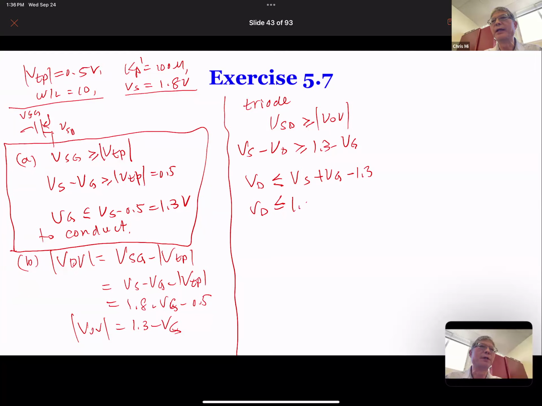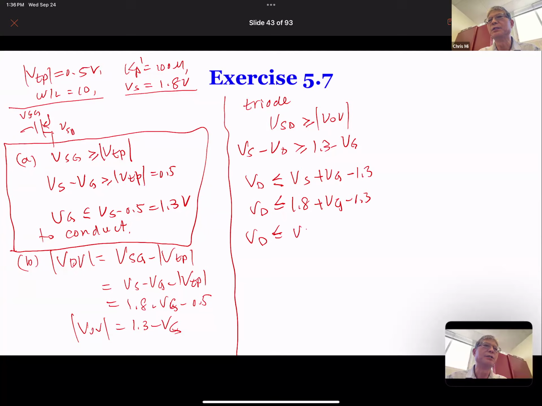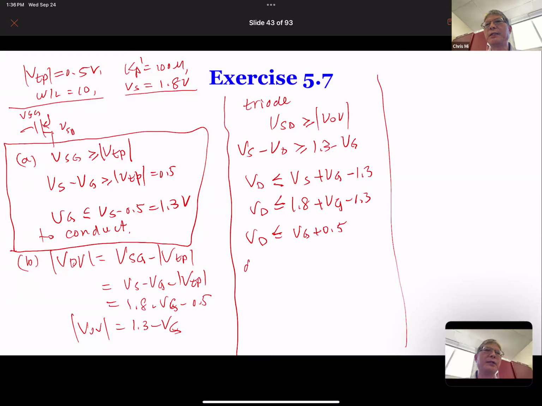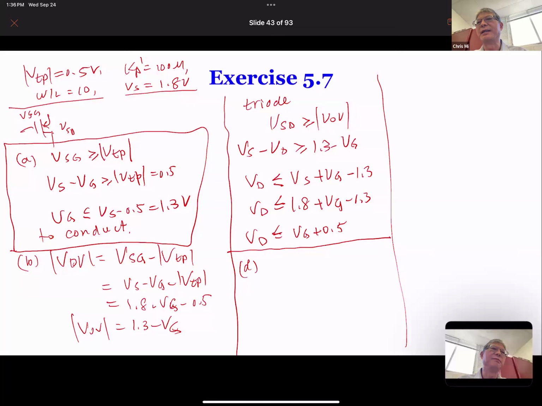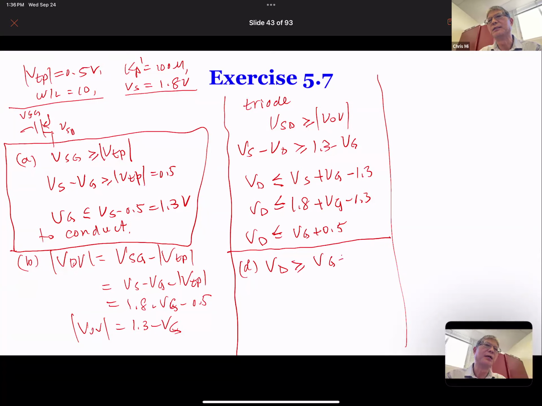Vs is 1.8 plus Vg minus 1.3. That gives you Vd less than or equal to Vg plus 0.5. So that's in the triode region. And Vd basically tells what condition it will be in saturation. If Vd is larger than or equal to Vg plus 0.5 volts, it's going to be in saturation.